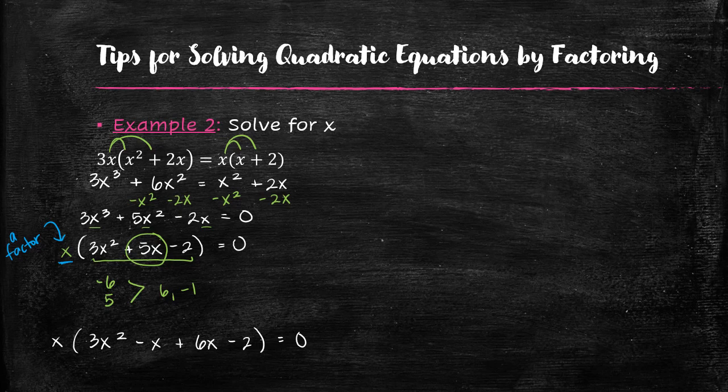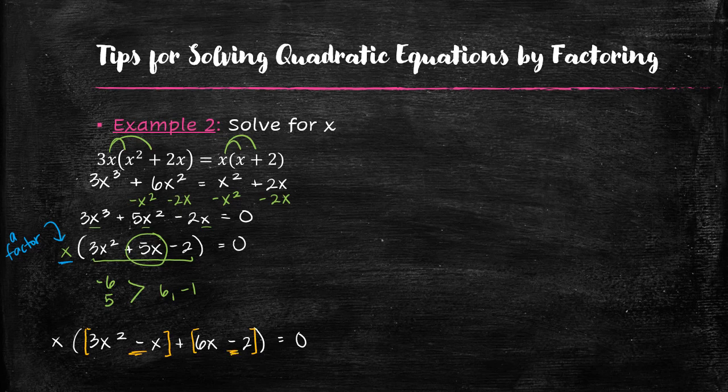Okay, so grouping. Again, we want to group the first half and the second half. So I want to point out what I did here. In switching the order of my negative x and my plus 6x, notice that in each of our two groups that we now have, there's a subtraction sign.